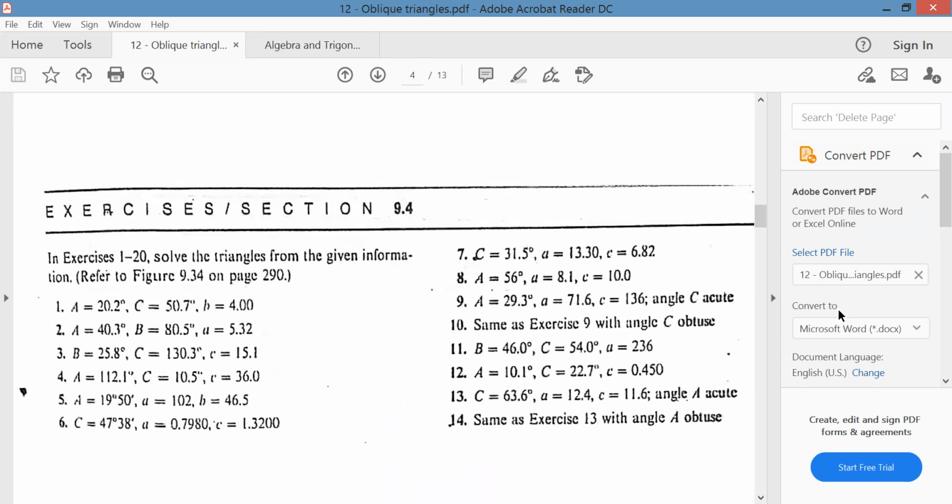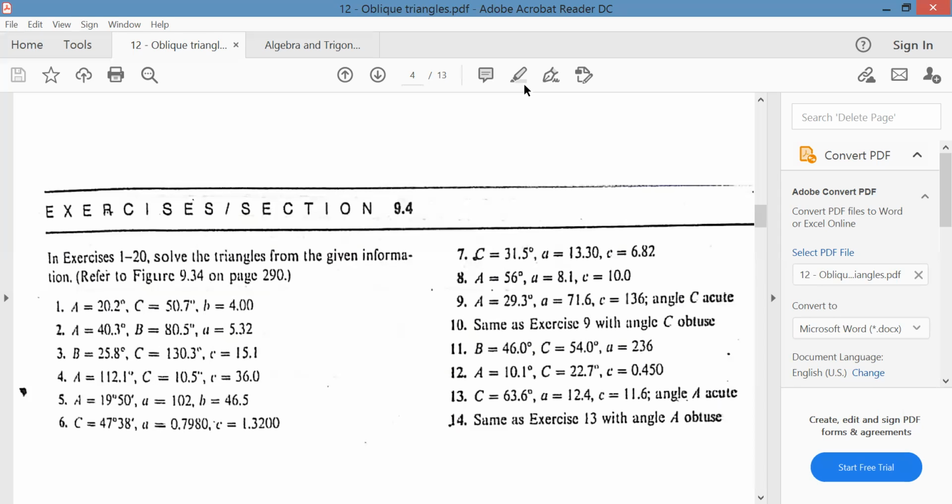Well, see, this is an exercise 9.4. The book is different from this one. So in this case, exercise is 9.4. Solve the triangles from the given information.